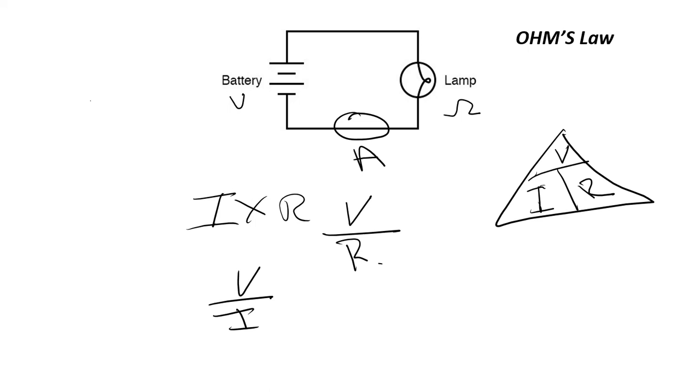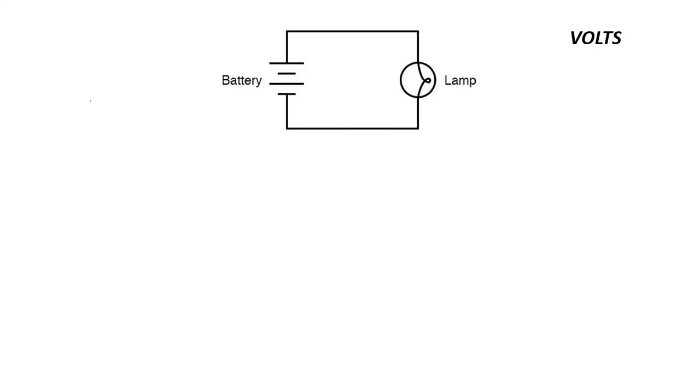Let's check this out. All right, so I have a battery here. I have the same circuit I had on the other page. So basically what I'm going to do is assign my battery a value. Well, actually I'm not, because I'm looking for volts. So what I'm going to do is get my lamp, and I'm going to say that it has a value of 5 ohms.